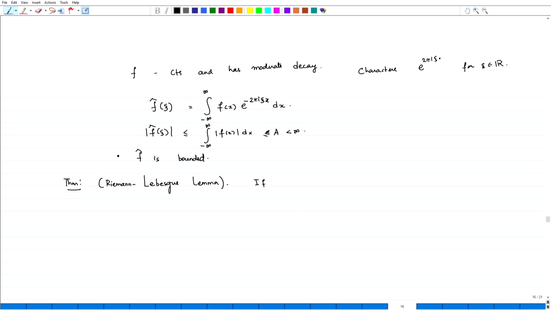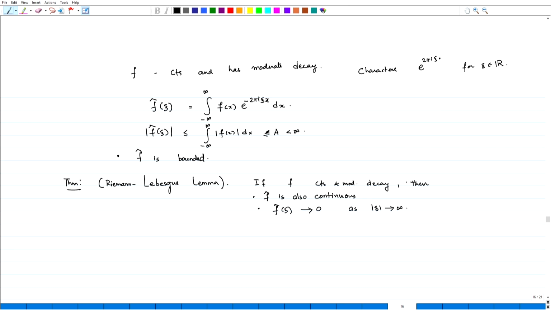If f is continuous and has moderate decay, then f hat is also continuous, and second, f hat of ξ goes to 0 as mod ξ goes to infinity.